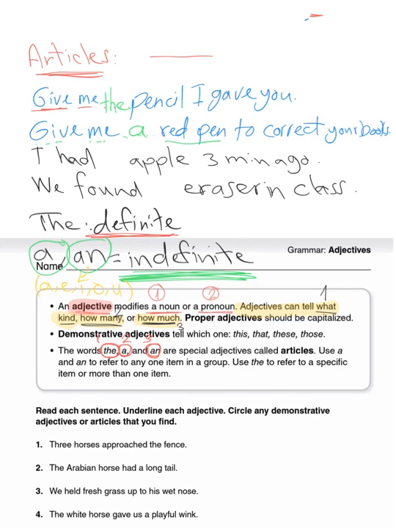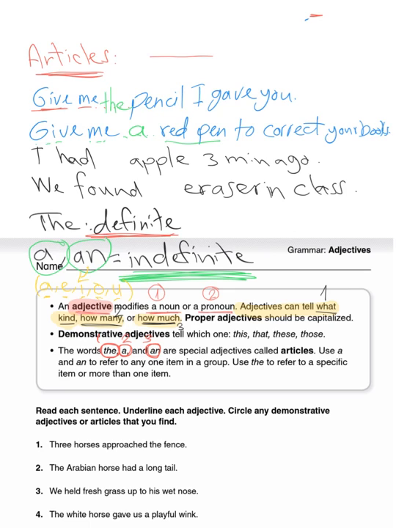Anyway, if I found a word which is indefinite, singular, and I want to use a or an, I'll look at the beginning of it. If it has A, E, I, O, U, I'll use an. And if it starts with any other letter, I will use a. Let's go to the example.